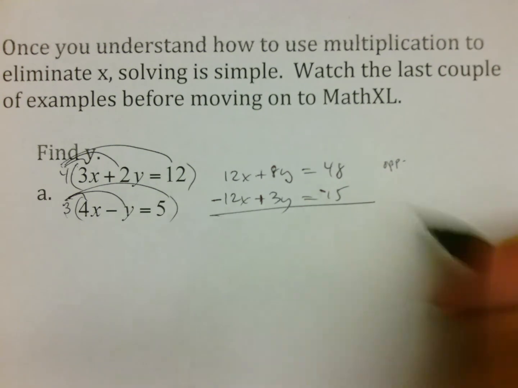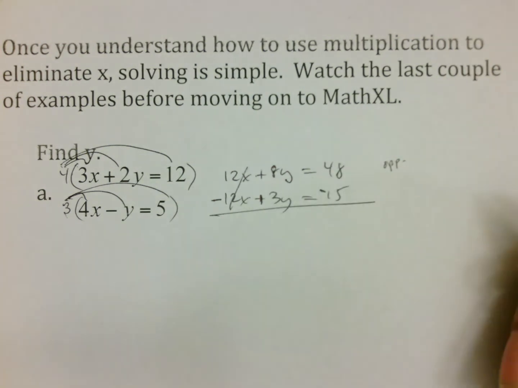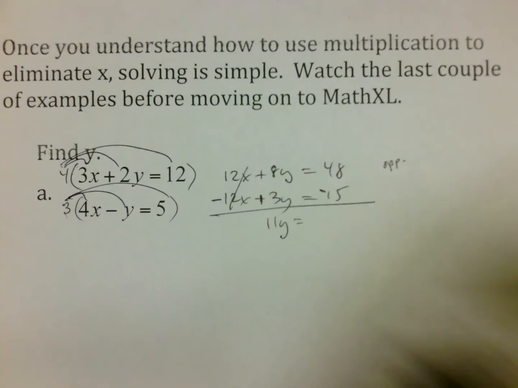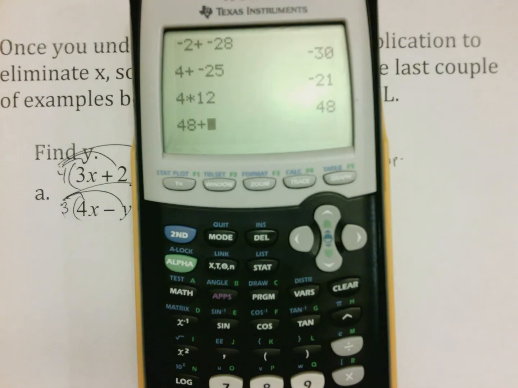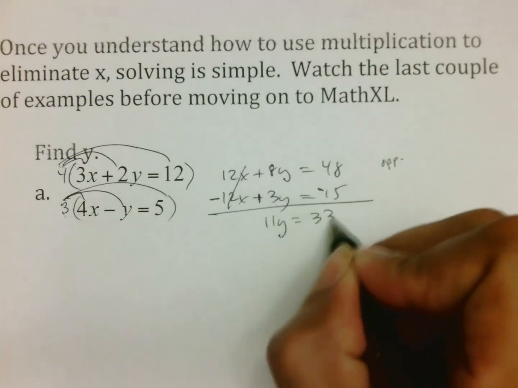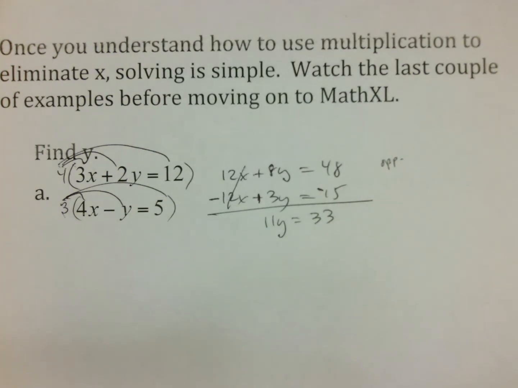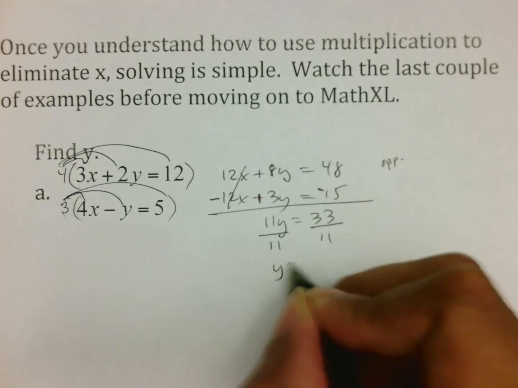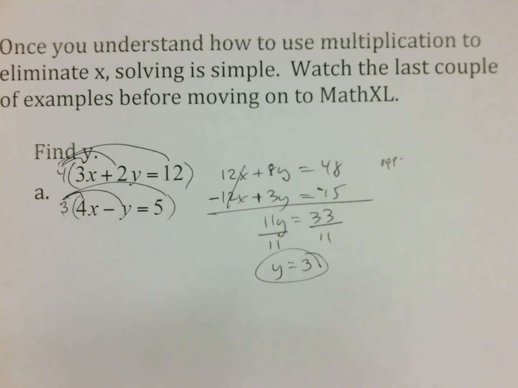Other than that, when we add everything, the 12x's cancel like we need them to. 8y, 3y make 11y. 48 plus negative 15 gives you 33. And then look at the level of math that we do next, and your instinct should already be telling you what y is. All we have to do if we want this answer is divide by 11 to find out that y is 3.